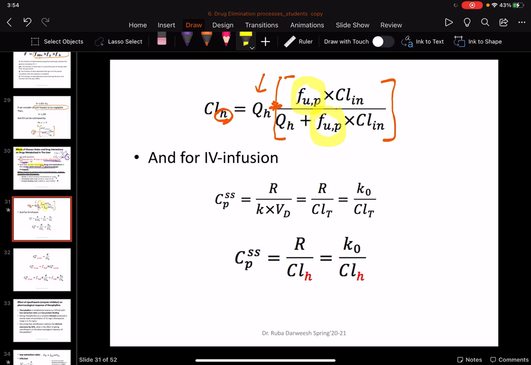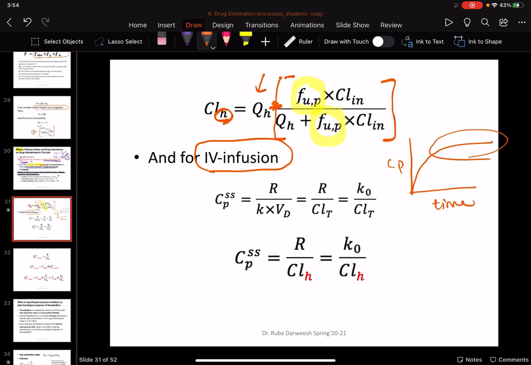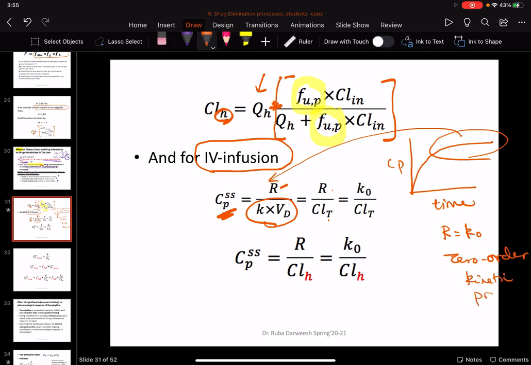Okay, if you remember when we talked about IV infusion, concentration versus time, this was our profile, and we have the steady state concentration. If you remember, the steady state concentration equals R, which is the infusion rate, over total clearance, and R was equal to K naught because we are talking about a zero order kinetic process for the infusion.